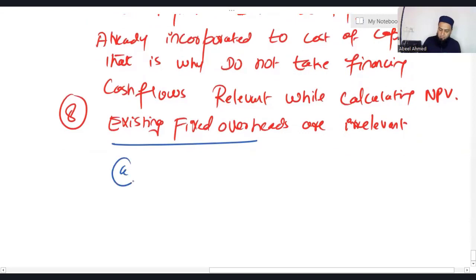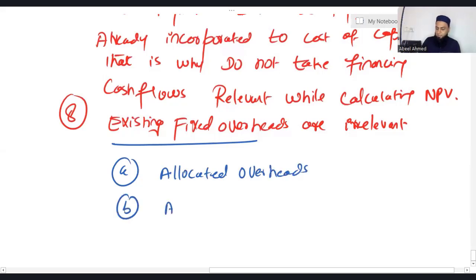A, the examiner can use the words allocated overheads. B, the examiner can use apportioned overheads.